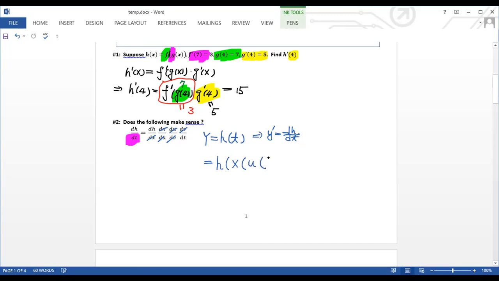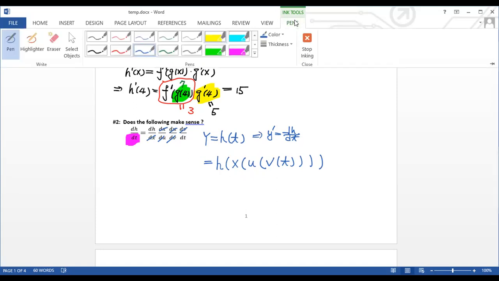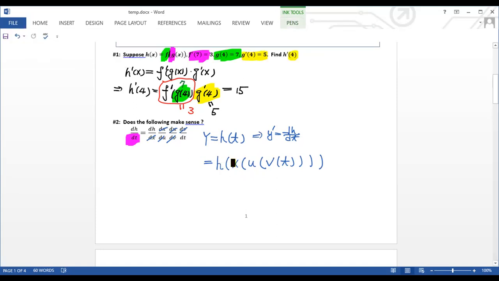And u is a function of v, right? And v is a function of t. So let me see, 1, 2, 3, 4. So how many functions are you compositing? You have x, u, v, and h, right? So this is a very complicated composite function, but it's the same idea, right?